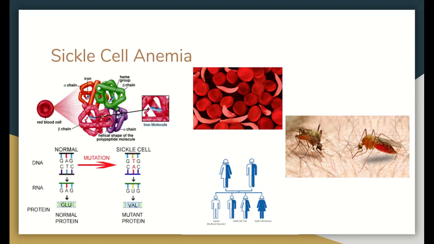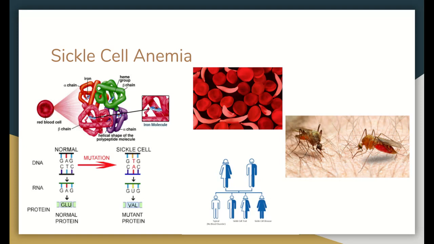What's interesting with sickle cell is it's what's called a heterozygote advantage, because if you have one normal allele for normal blood and one sickle cell allele, it changes your blood just enough so that you can still bring oxygen to your body pretty well. You're not going to have as much sickling of the blood. You're going to function pretty normally.